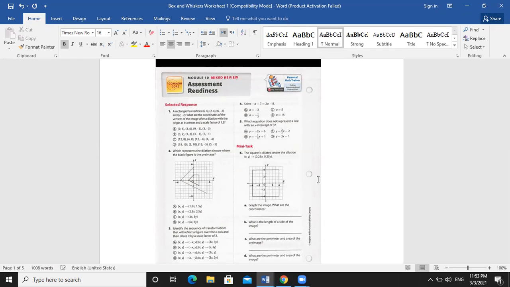Okay, which A or B or C or D? A. Thank you. Could you please explain to us from where you know that the answer is A? If we multiply each number with the scale factor 1.5, it will end up the same answers.